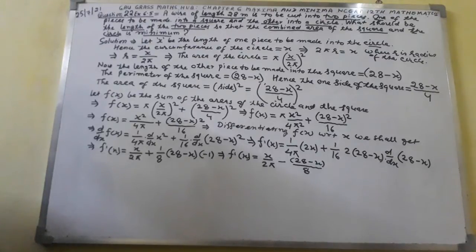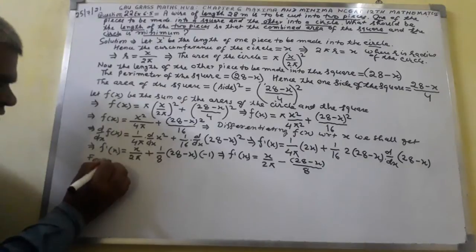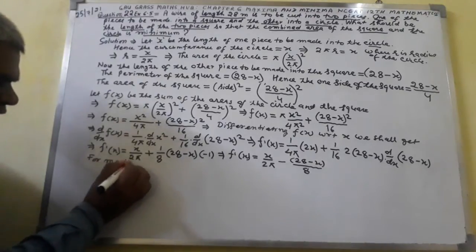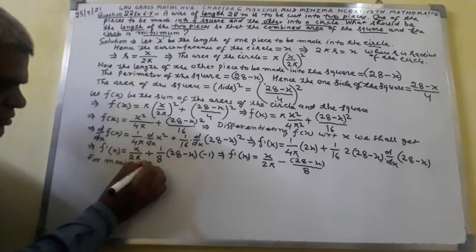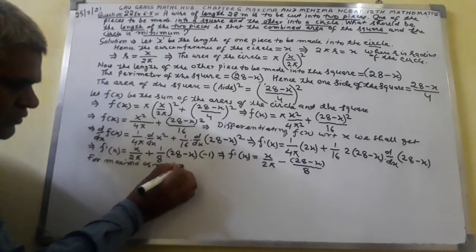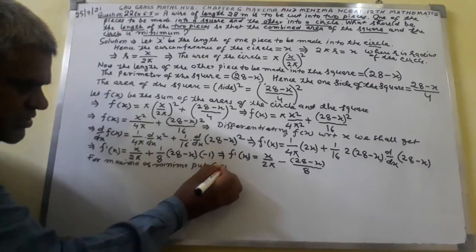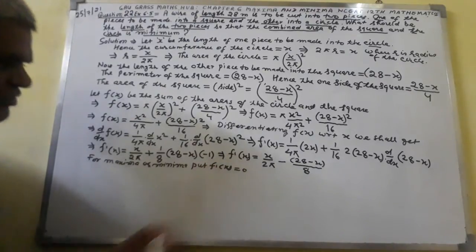(28 minus x) whole over 8 you have got here. So again I shall write, for maxima or minima, put f dash x is equal to 0.